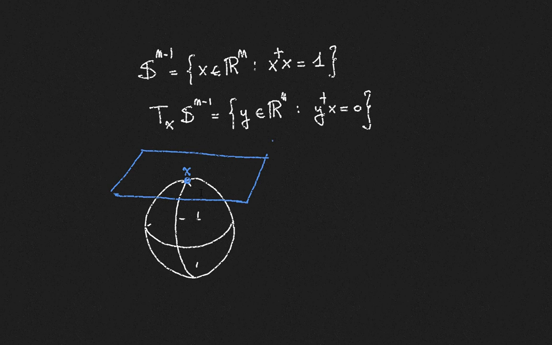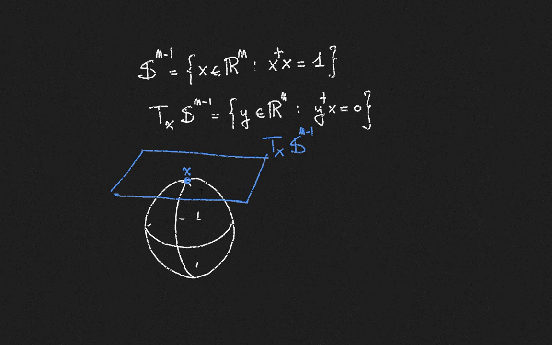This is the point x, this is the space Tx of S^(n-1). Technically the tangent space is a vector space, so it goes through the origin, though this is just a drawing. Now, we need a way to send this space to the sphere, sending the origin to x.